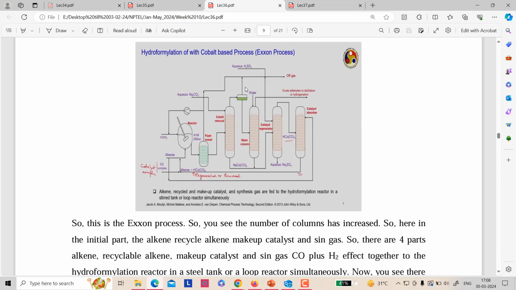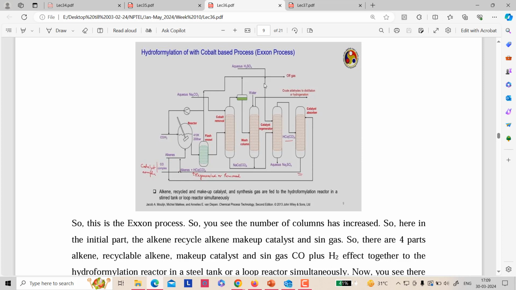The top product goes to this section, from where off gas is separated. The bottom product comes into the wash column where water is given.